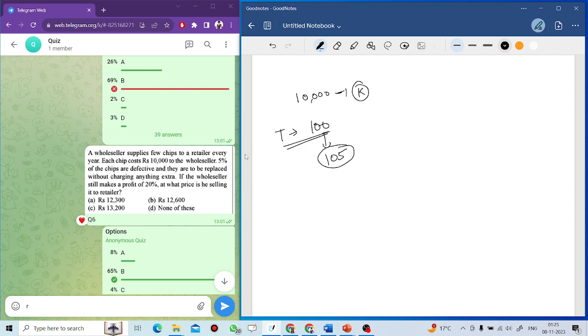And still he is making a profit of 20%. So the selling price will be 105 into 1.2 into 10,000, which is 12600. So option B is the answer. Next one.